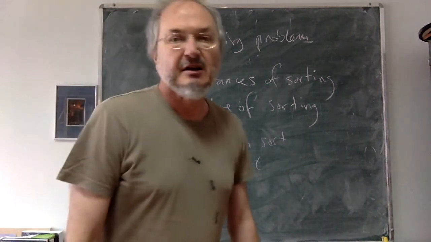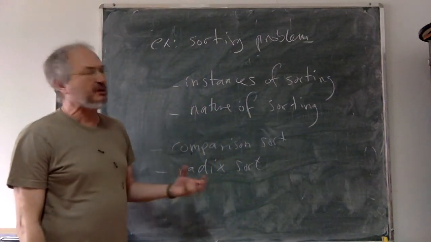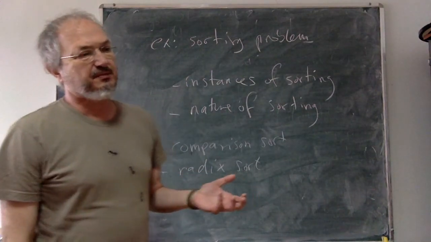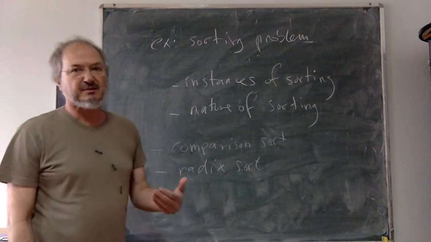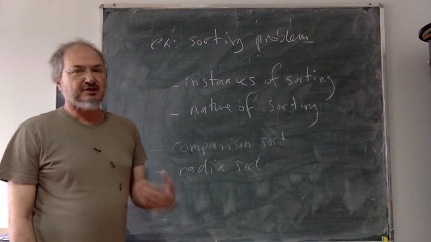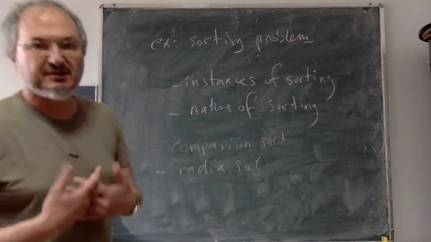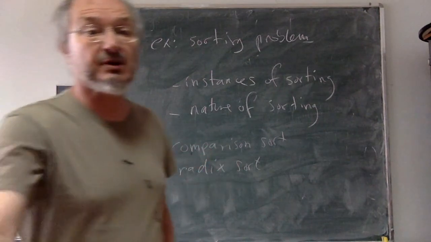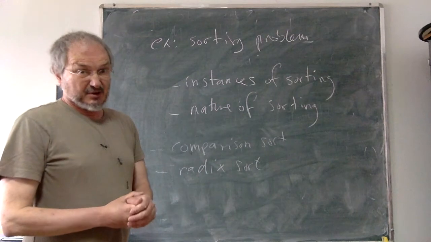Okay? So this is one attempt to turn something that looks like a very direct problem about nature into saying, well, it's about the nature of sorting itself, that you're trying to get to this understanding of what you can do with sorting once you properly understand it. Okay, and that's what science is all about.